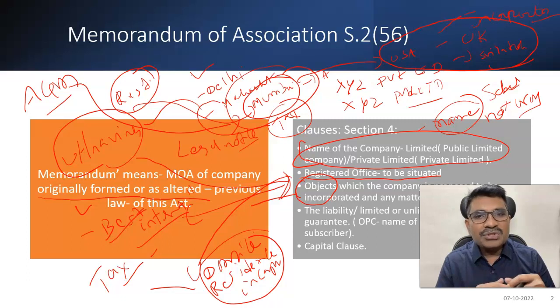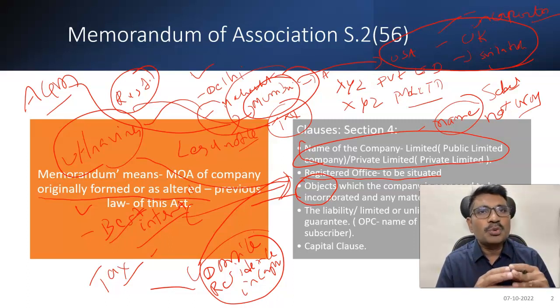There can be business ventures which are object oriented, service oriented, larger interest oriented. So the objects are promoted. When the company comes into existence, they should very specifically tell the objects, meaning the purpose for which the company is being incorporated.